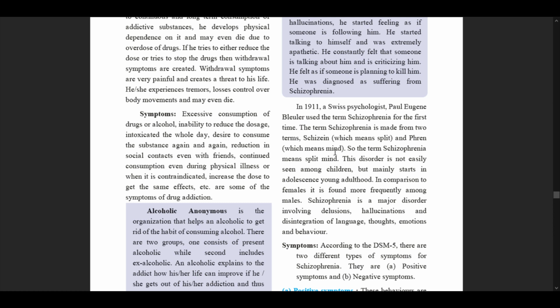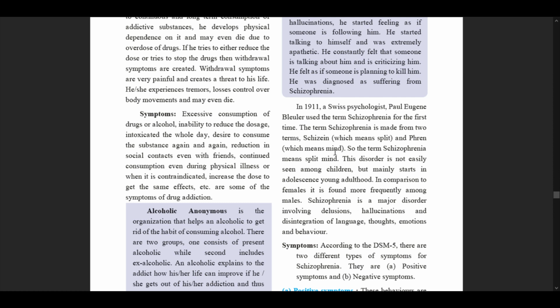And it is a major disorder which includes delusions, that is thinking of something that has not happened, or hallucinations, seeing objects or individuals that do not exist in real life, or disintegration of language, thoughts, emotions, and behavior that occur randomly.